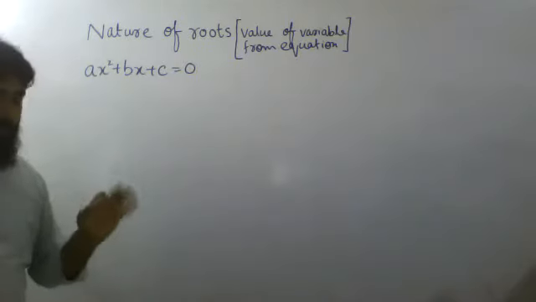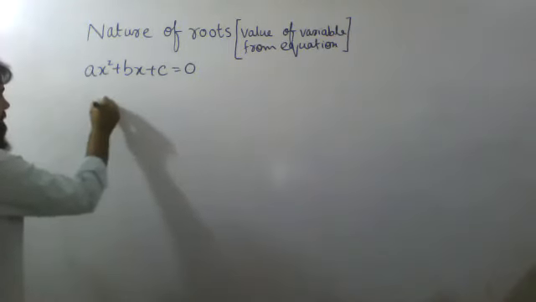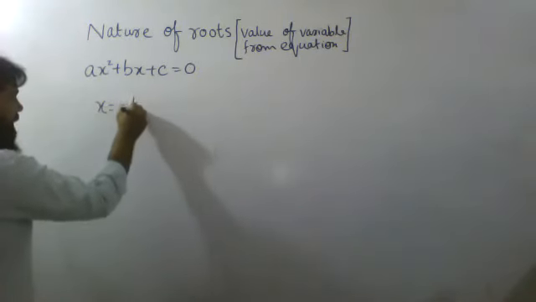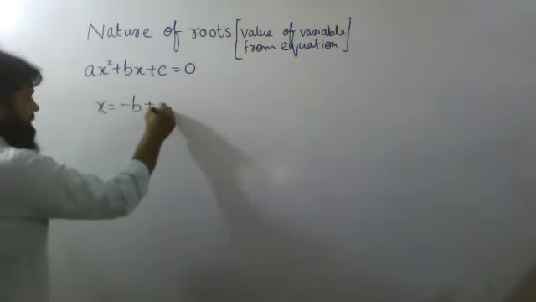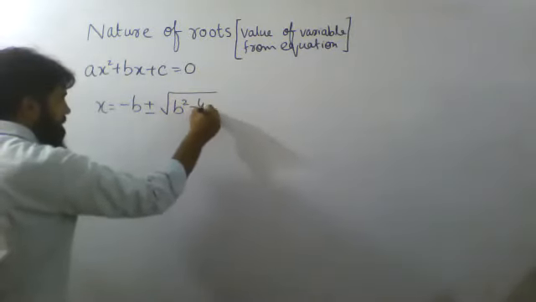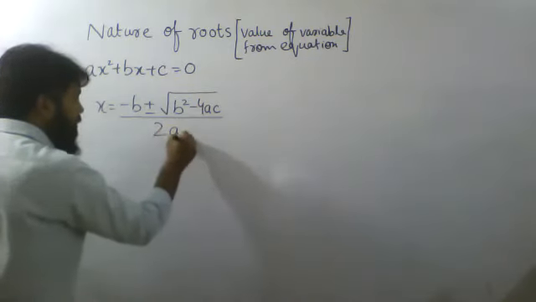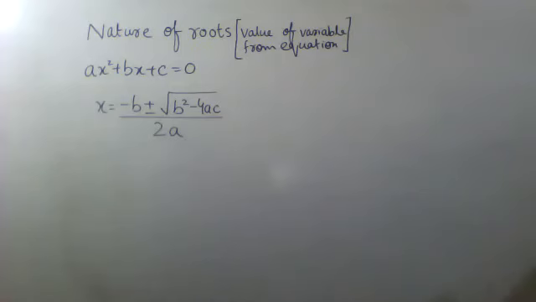If it is solvable, I can solve it by using a quadratic formula, and the formula is minus b plus minus under root b square minus 4ac upon 2a. This is called the quadratic formula.